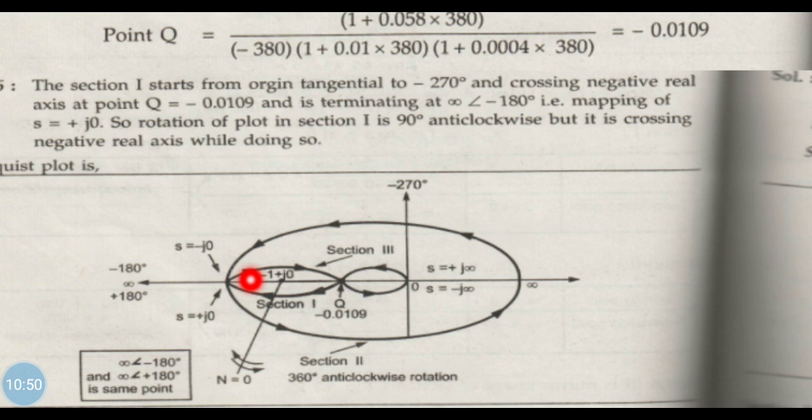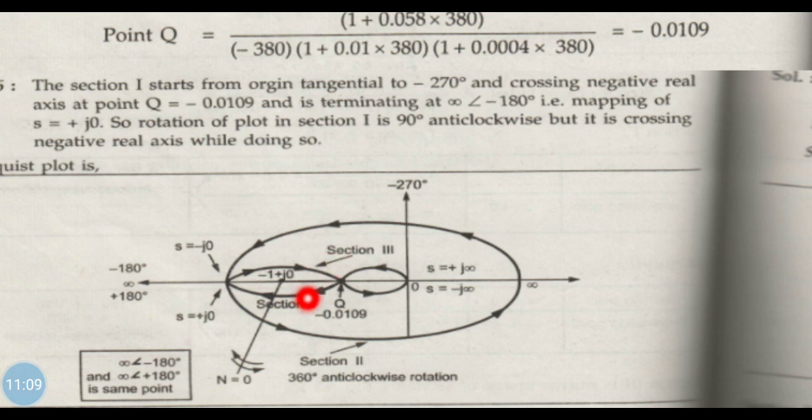That is the mapping of s = +j0. So the rotation of the plot in section 1 is 90 degrees anti-clockwise, but it is crossing the negative real axis while doing so.